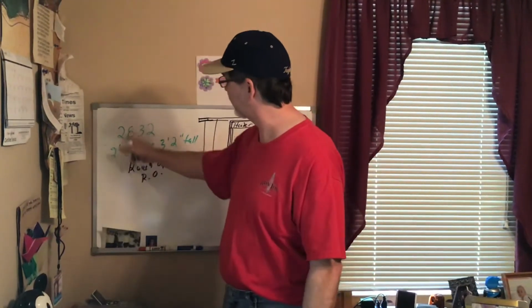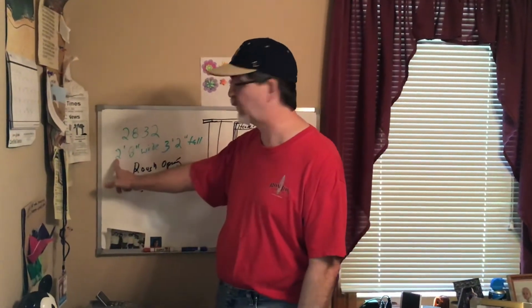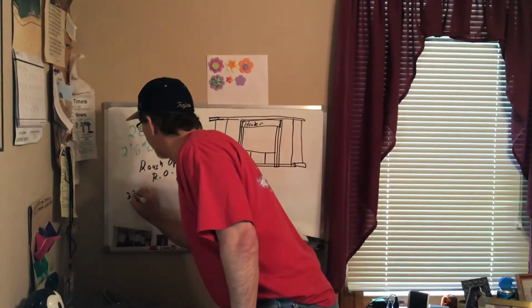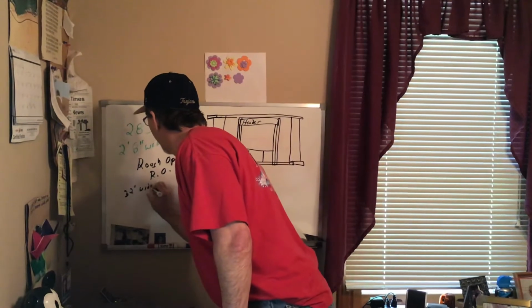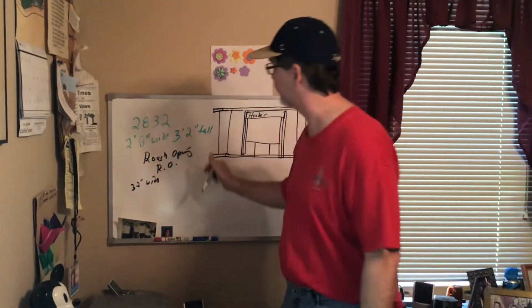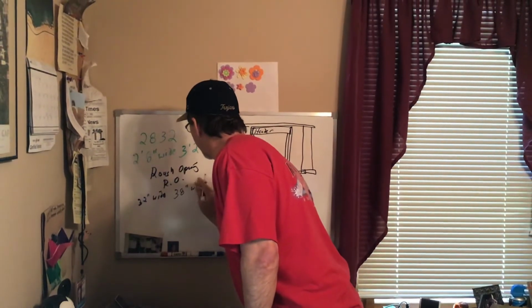So now I'll take this decoded window size and put it in inches, get it out of feet and inches. That's 24 inches plus 8 inches, which is 32 inches wide. And this is 3 foot 2 inches, so that's 38 inches tall.